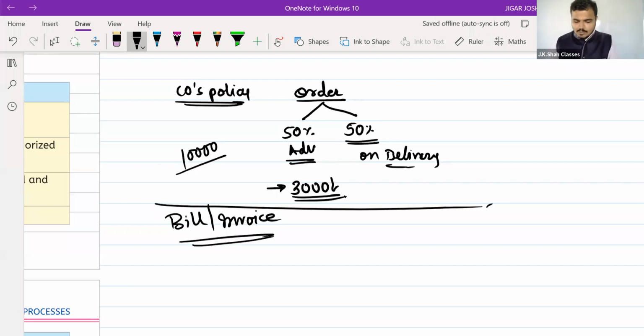Agree? Should I give you one practical example for this, my dear chartered? Please concentrate, okay? Girls, I'll keep you in an example later on.